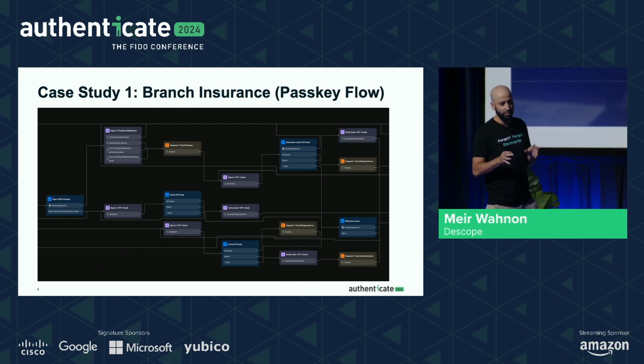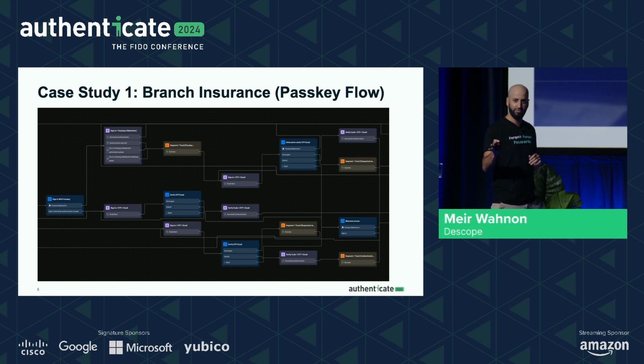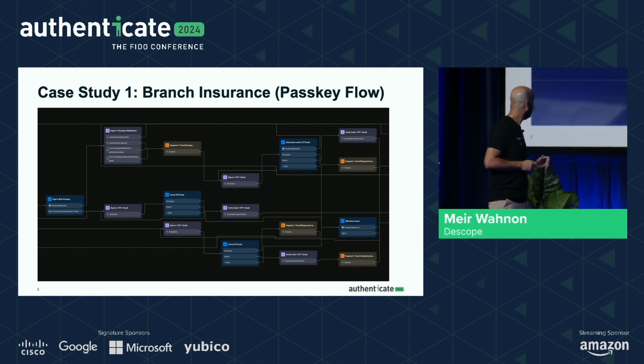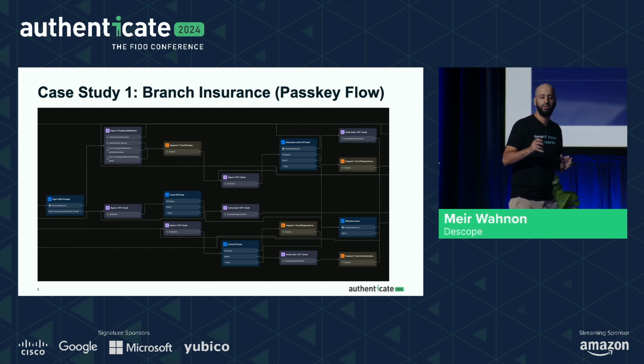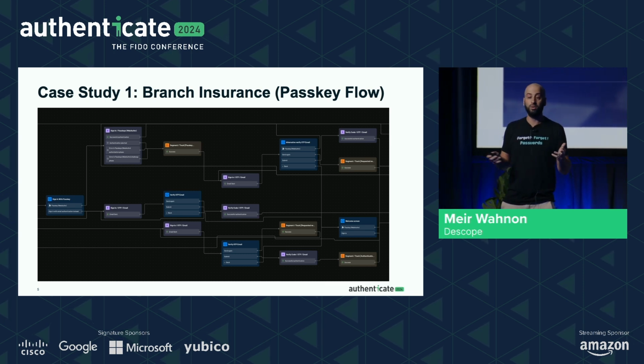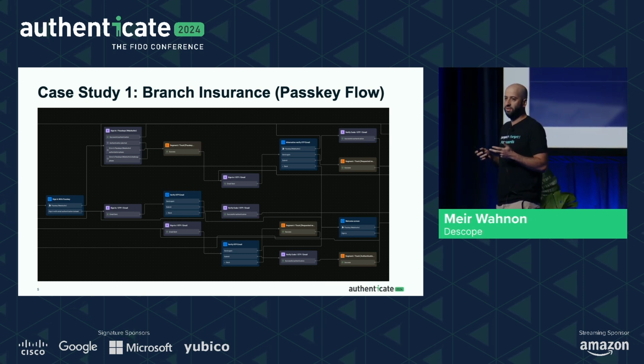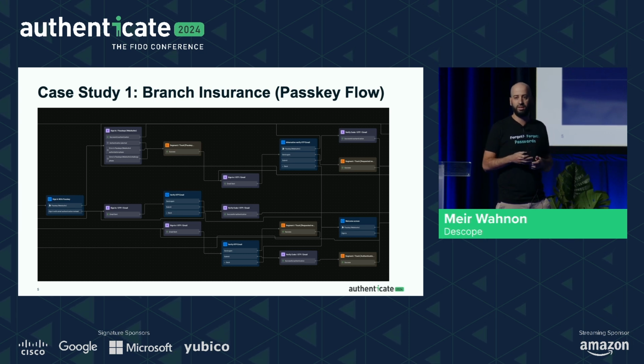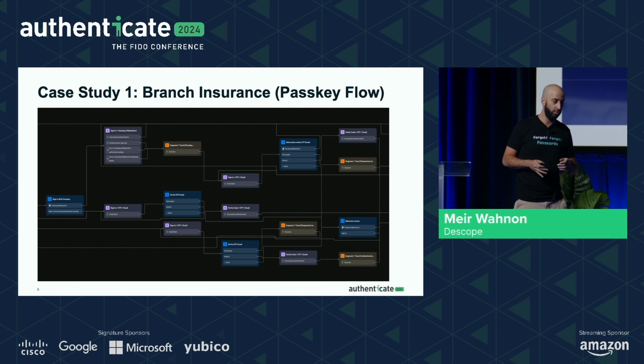And I want to highlight a few things. It might be a bit hard to see from a distance, but on the yellow steps, there are Segment steps. Those are steps that do tracking of different steps inside the authentication flow.